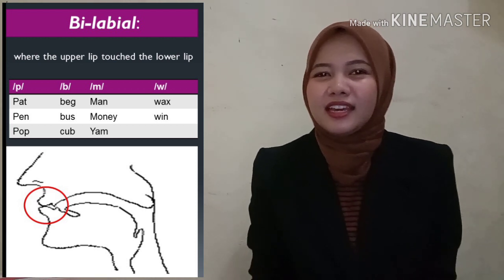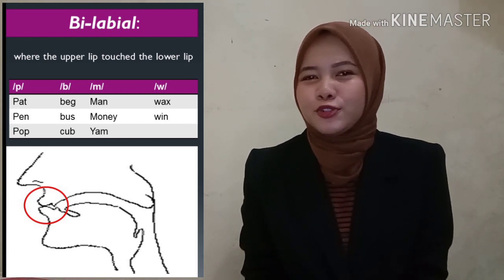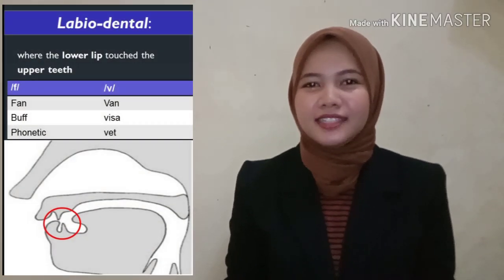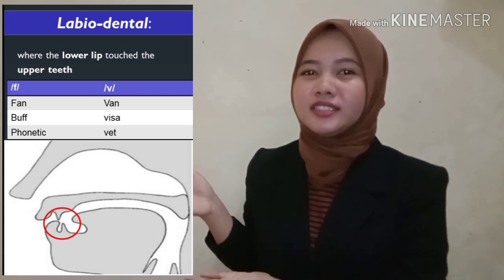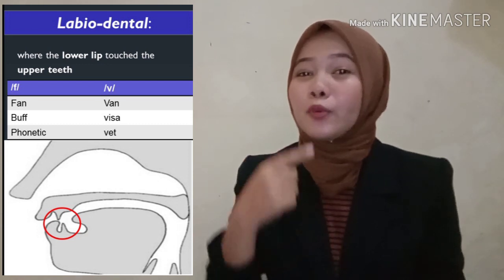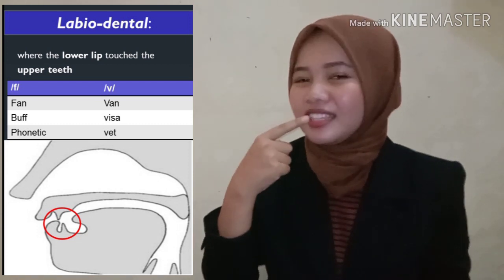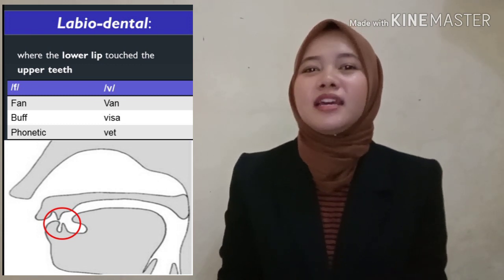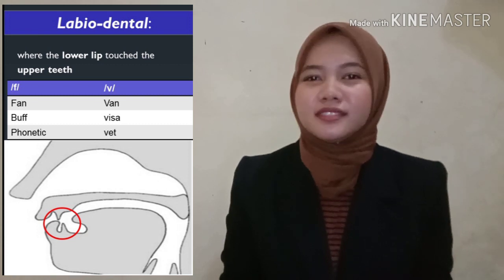Okay guys, next is slide number 2, that is labiodental. You can look at the picture. Labiodental is a movement where the lower lip touches the upper teeth, and this place of articulation produces the sounds f and v.